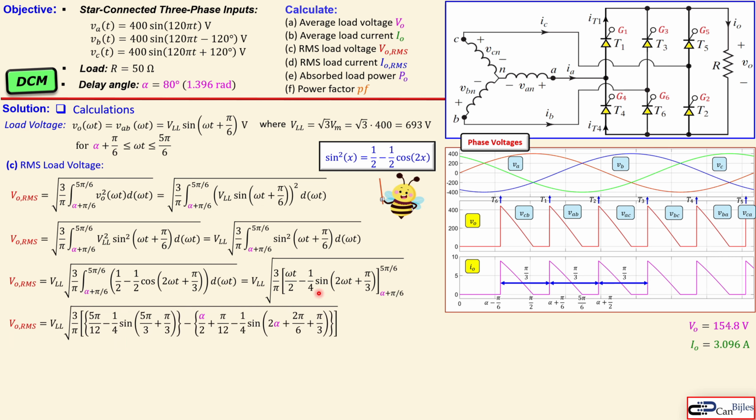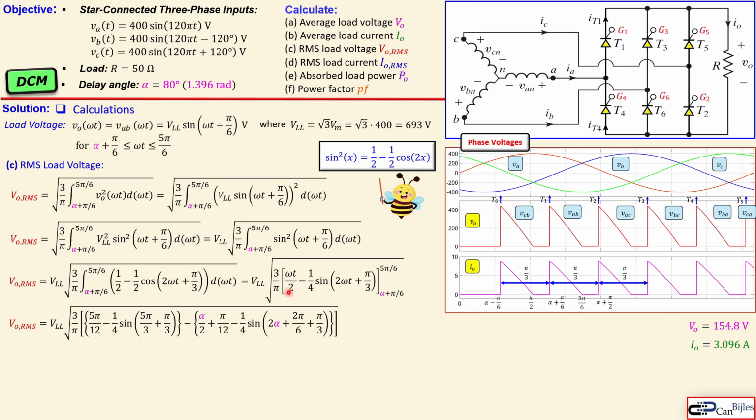So how to do that? Again, you substitute in this expression. First is 5 pi over 6, and you do minus when you substitute the second value. The first one is shown here, minus the second one is shown here. So you see here the 5 pi over 12, which is this times the half.